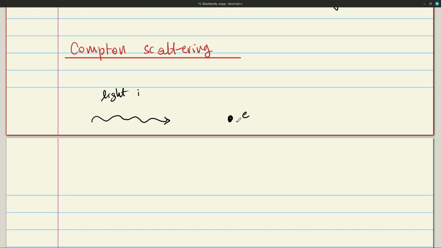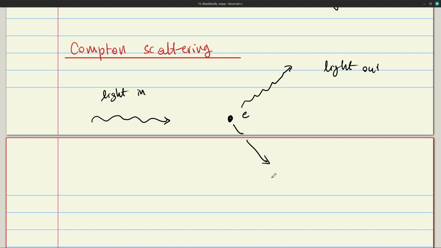But if the wave is a particle, we expect it to collide head-on with this electron, so this is light in, this is light out, and the electron is also going to scatter, electron out.